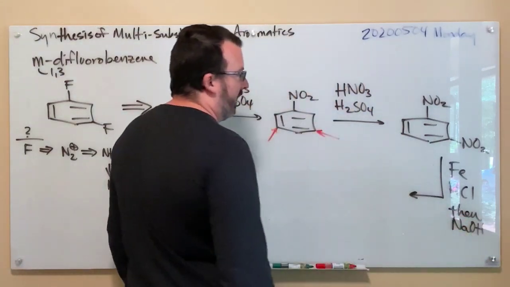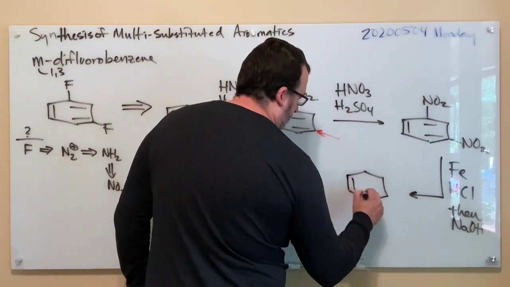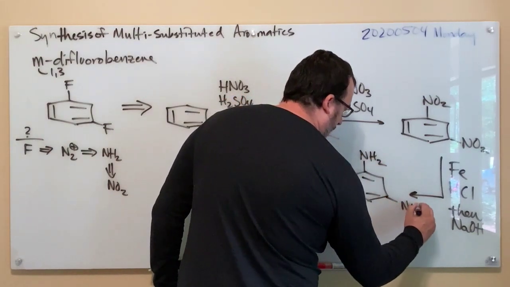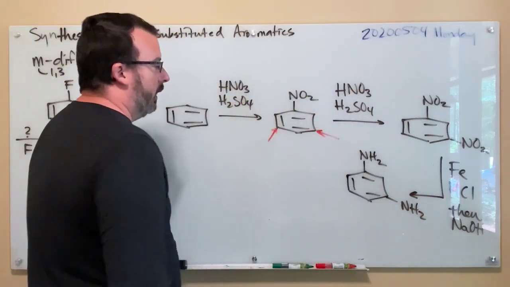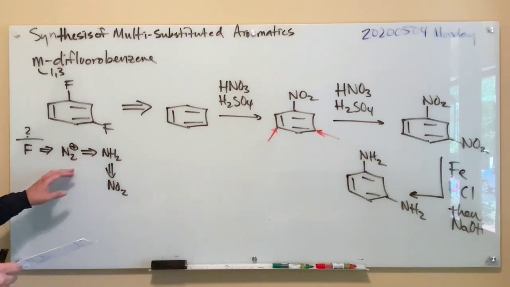So we're adjusting the pH so that we isolate the free base of the amino group. So now we have 1,3-diaminobenzene.